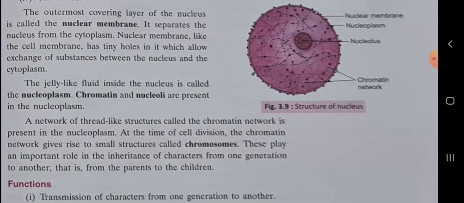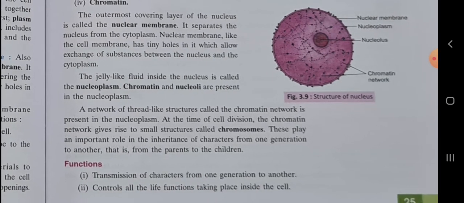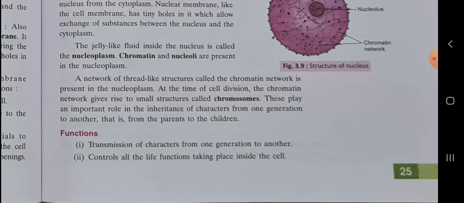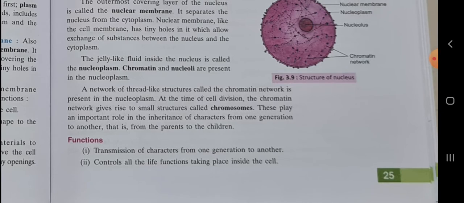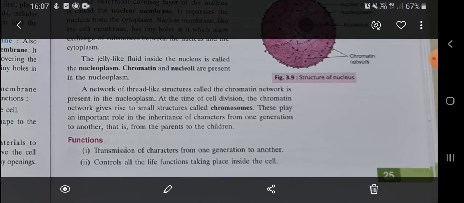At the time of cell division, the chromatin network gives rise to small structures called chromosomes. These play an important role in the inheritance of characters from one generation to another, that is, from the parents to children. Now, what is the function? Transmission of characters from one generation to another, and controlling all the life functions taking place inside the cell.